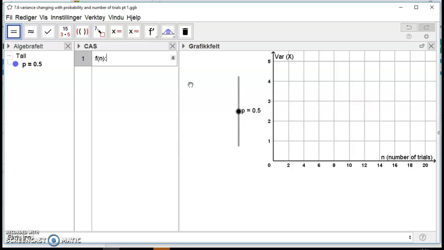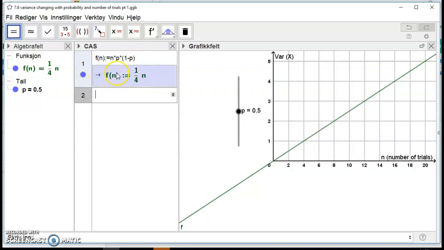Okay, so variance is a function of the number of trials. We used the formula that we introduced in the previous video. That was number of trials multiplied with the probability, which we have defined. And then we multiply that with 1 minus p, like this. So this is going to be our variance function.